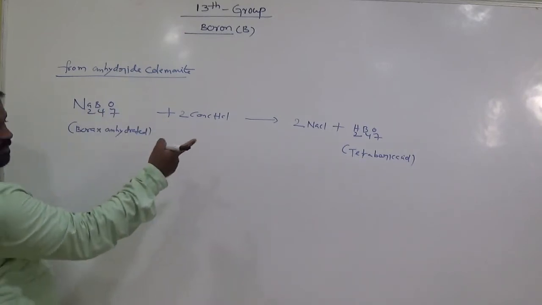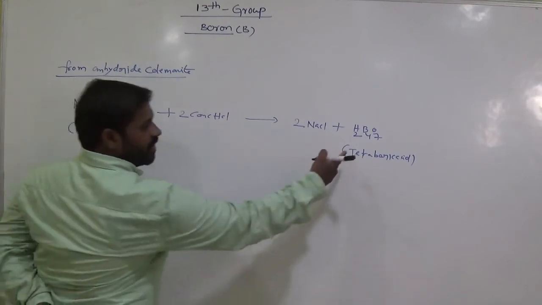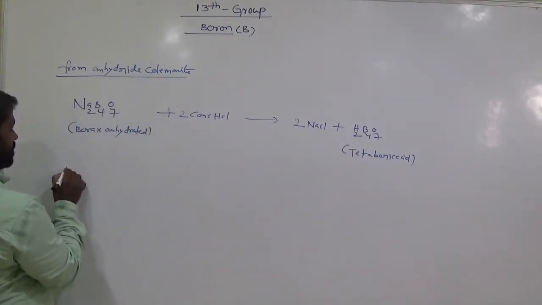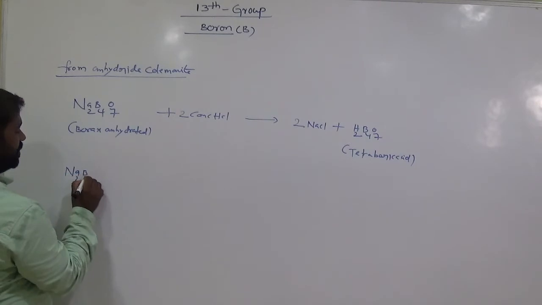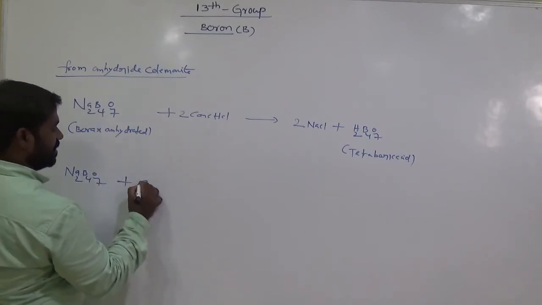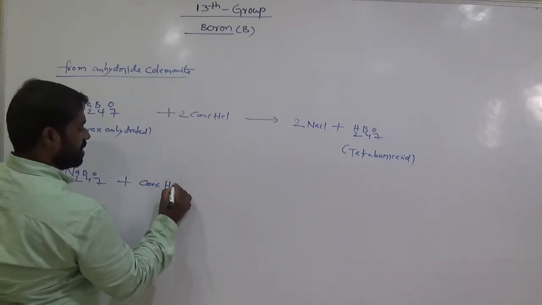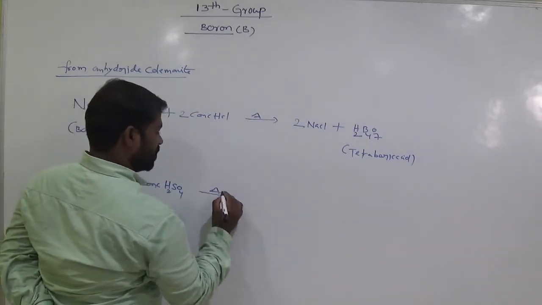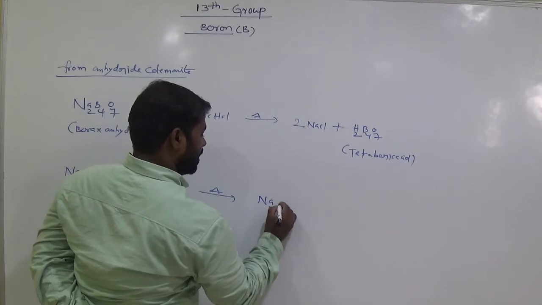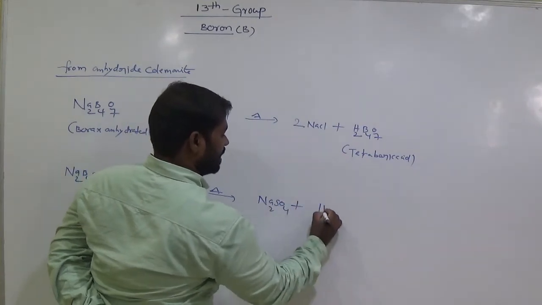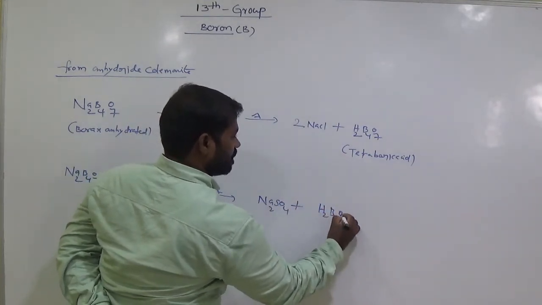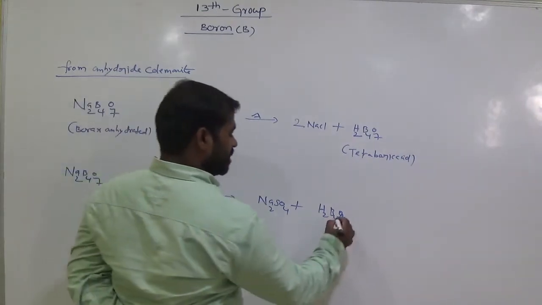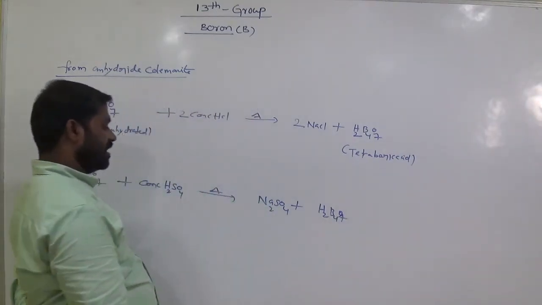And also we can prepare this tetraboric acid from Na2B4O7 with concentrated H2SO4 with strong heating. What does it produce? Na2SO4, sodium sulfate, and again tetraboric acid.